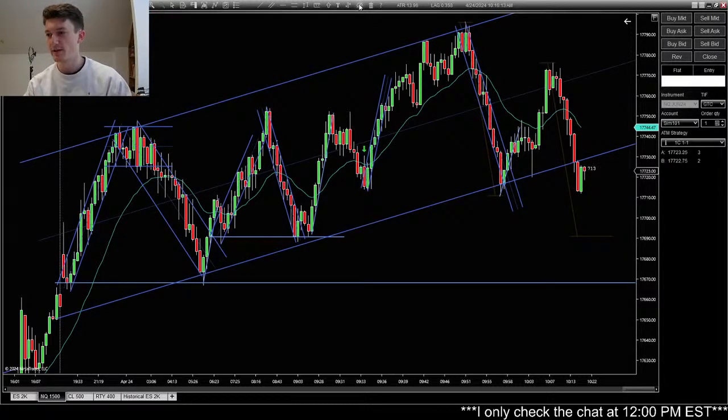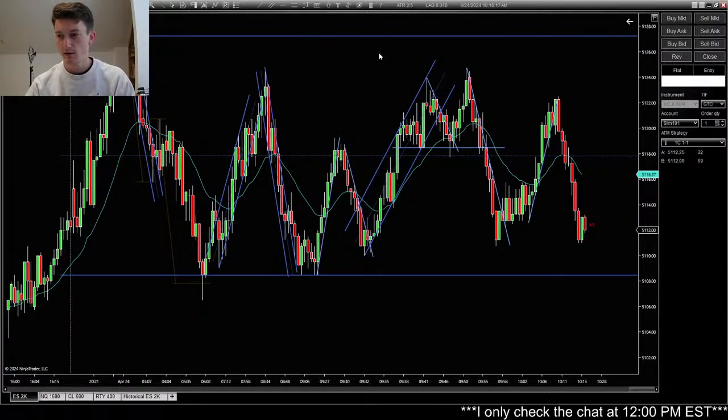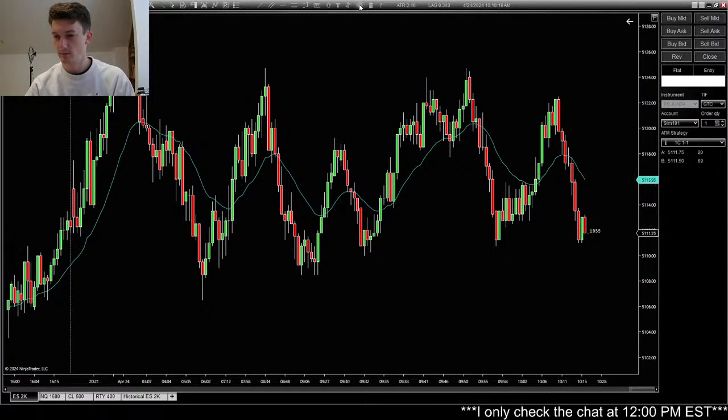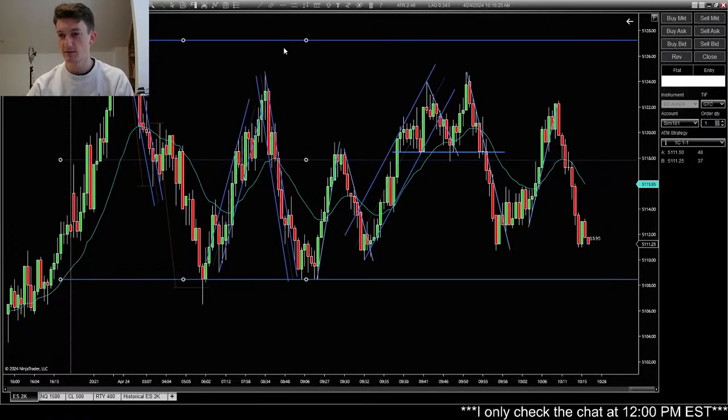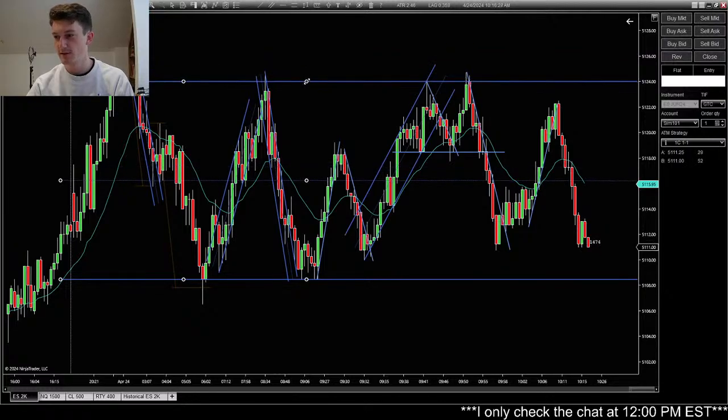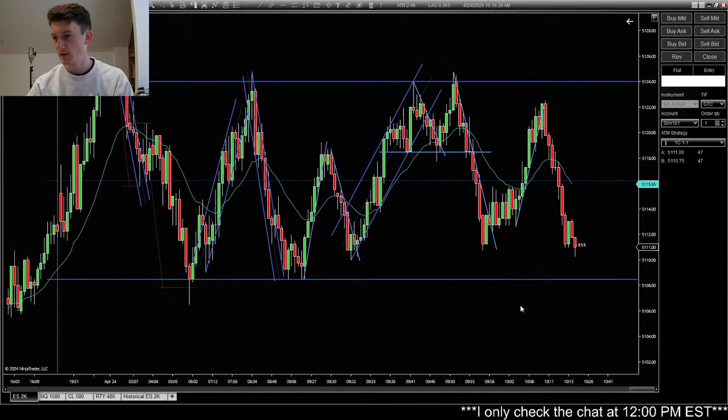Still the best thing that I can find right now. Clearly just looks like a range on ES. In fact, I'm actually going to pull down this resistance here. And that makes more sense.